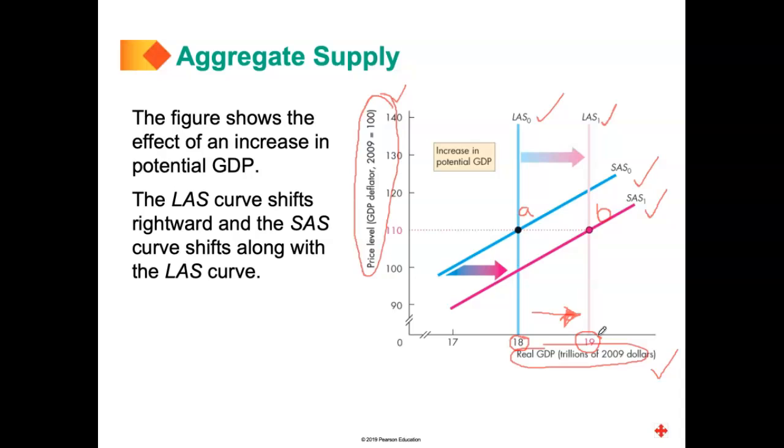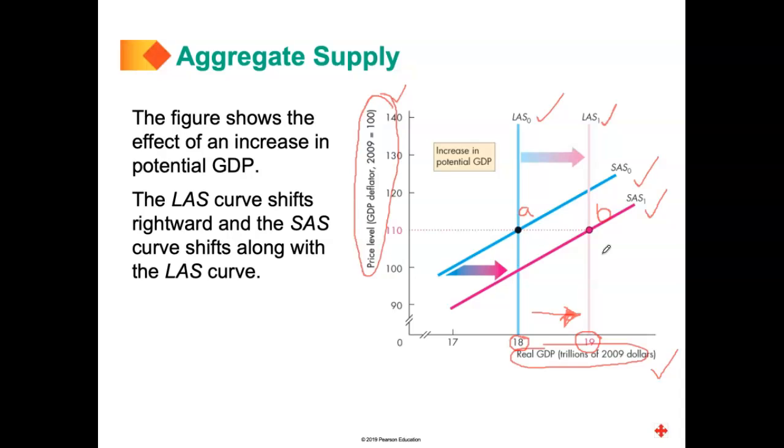Since potential GDP is independent of the price level, the price level will stay the same. This is really important. So the short run aggregate supply curve will adjust in such a way that when it has a new equilibrium with the long run aggregate supply curve, the price level still stays the same.